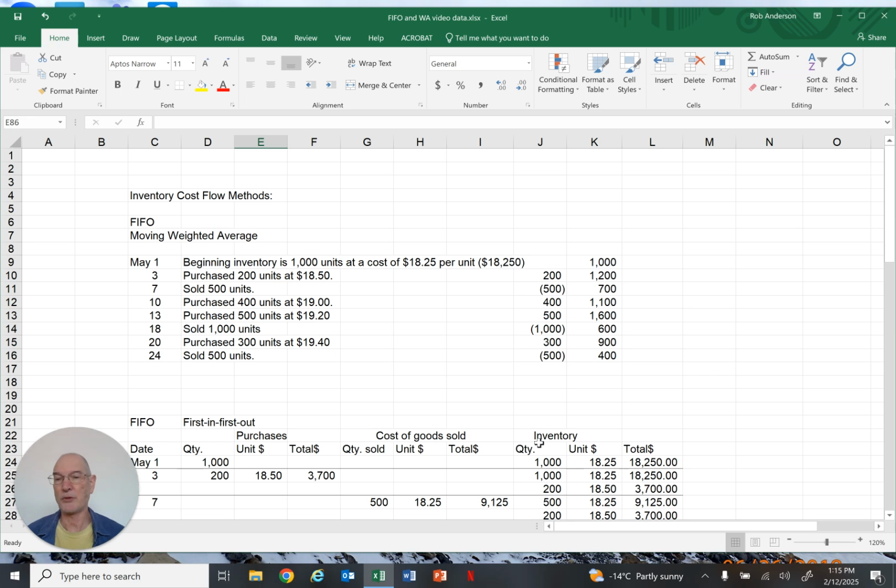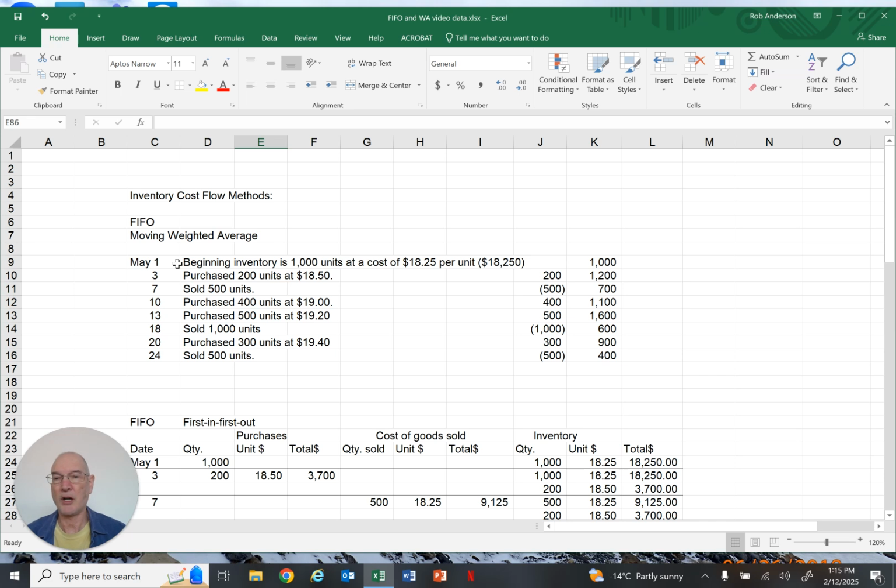We will go through a couple of examples here, and please stay tuned at the end. I have a couple of points to make about inventory in general. Now, if you really understand this, you might want to skip forward a bit, but let's go through this. So I've made up these tables in advance, and I'll just kind of explain how they work to you as we move along.